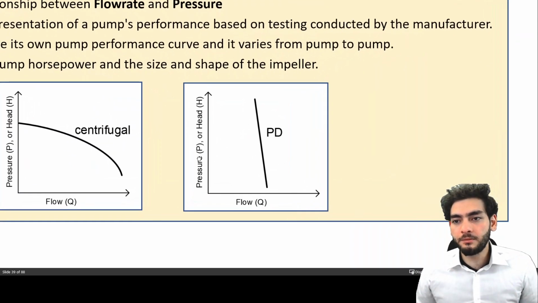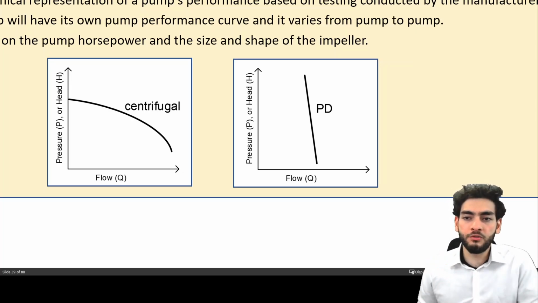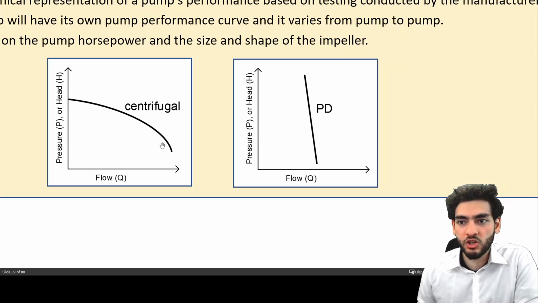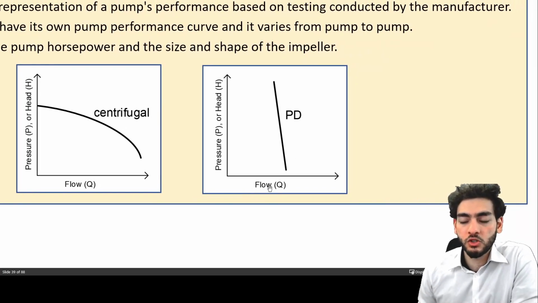So you could see here for a centrifugal type of pump, the pump curve for the pressure versus the flow rate has this shape, as opposed to a positive displacement pump where the pressure versus flow rate of the pump has this line.